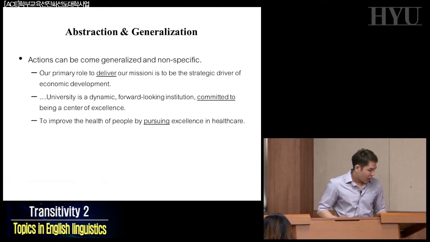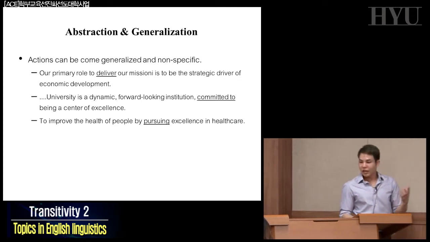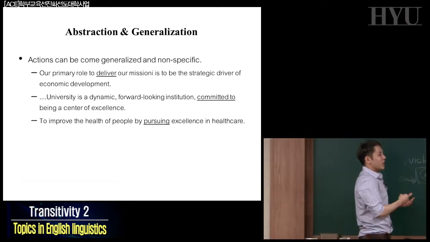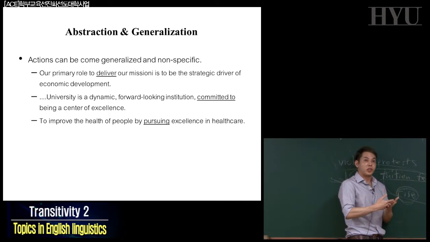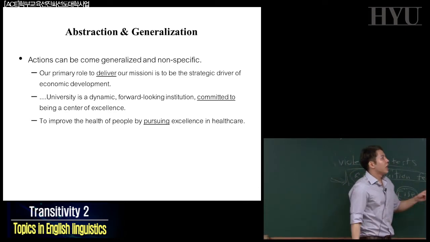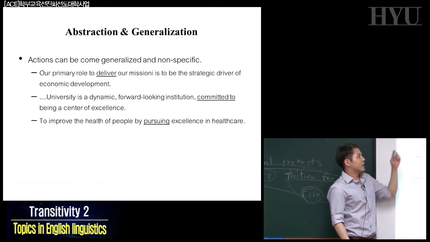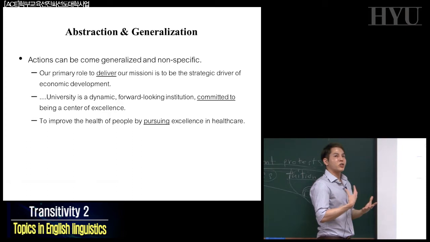Okay? Finally, I want to talk about abstraction and generalization. So sometimes when you read things, and we can see in the cases of university brochures that we looked at last time, right? People could use abstract actions, and these abstract actions are so non-specific.